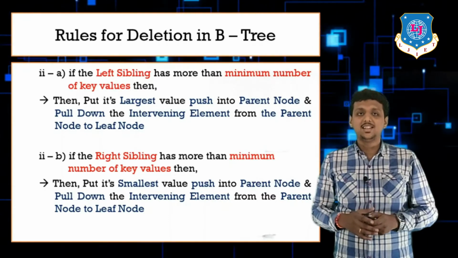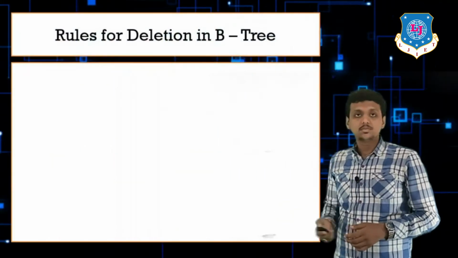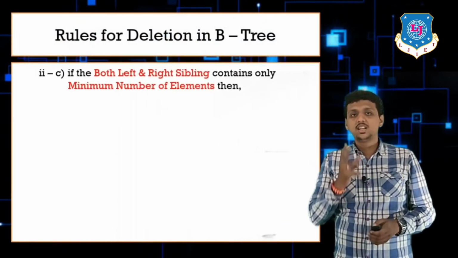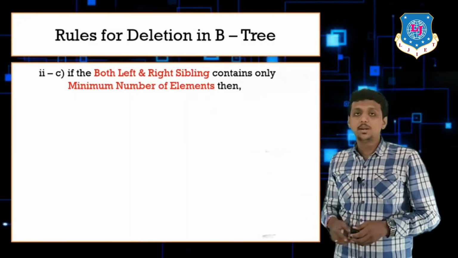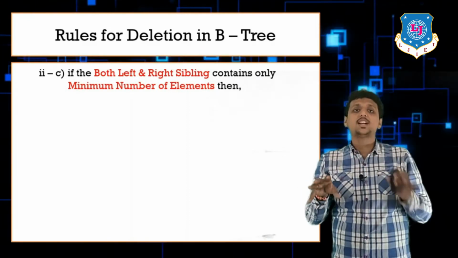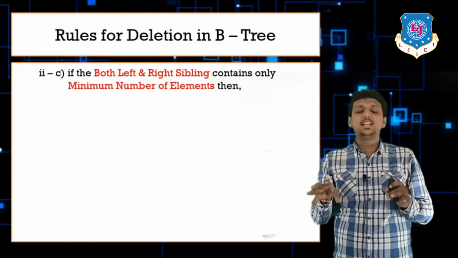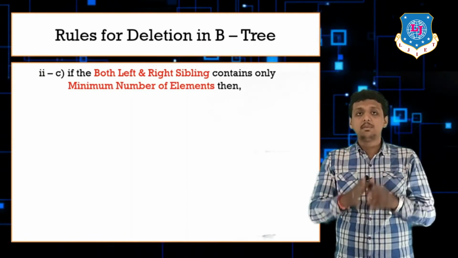Okay, now the next scenario is, students, another rule, the third point in the first case. Suppose your left sibling and right sibling do not contain the minimum number of elements.